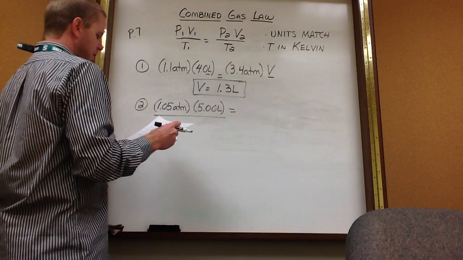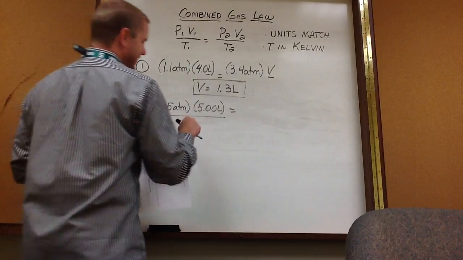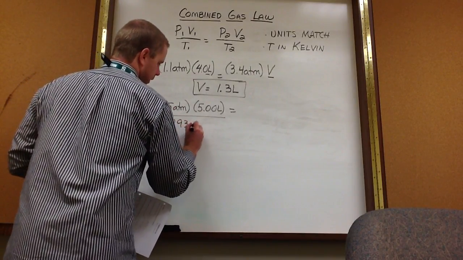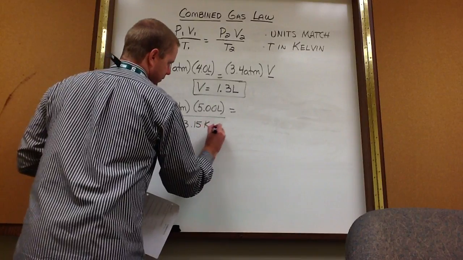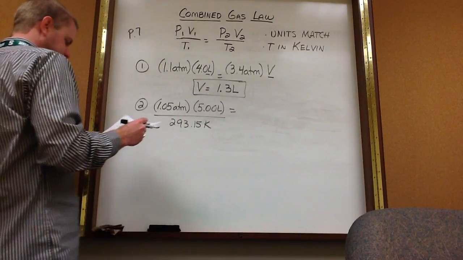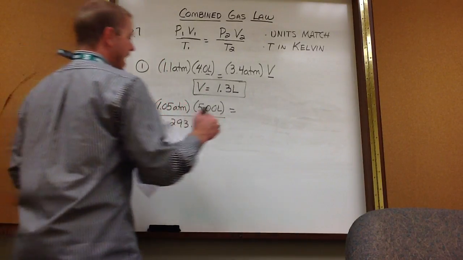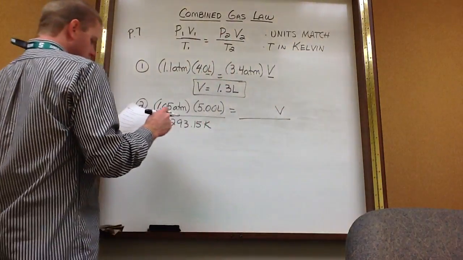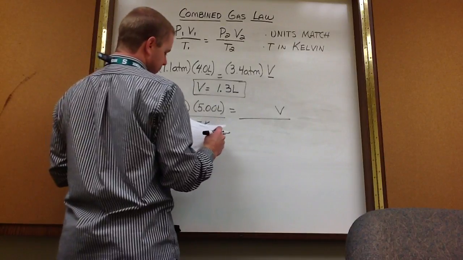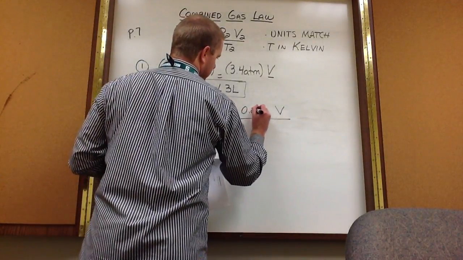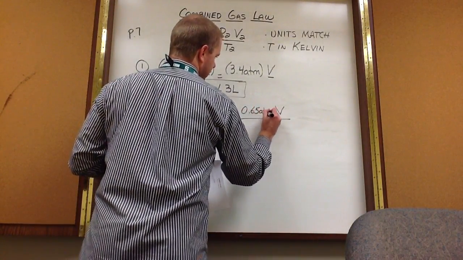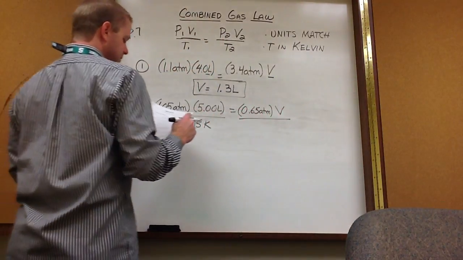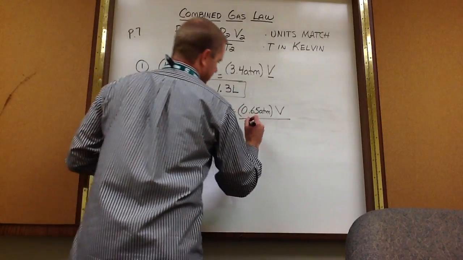If the temperature where the balloon is released is 20 degrees Celsius, that becomes 293.15 Kelvin. What will happen to the volume, so you're going to ask for the V on this side, when the balloon rises to an altitude where the pressure is 0.65 atm and the temperature is negative 15 degrees Celsius.